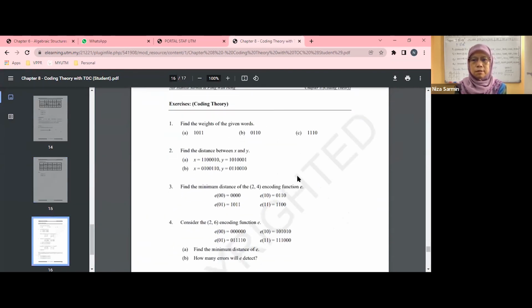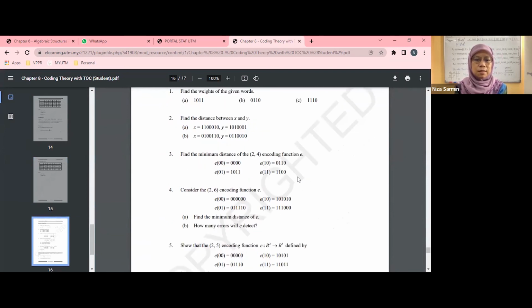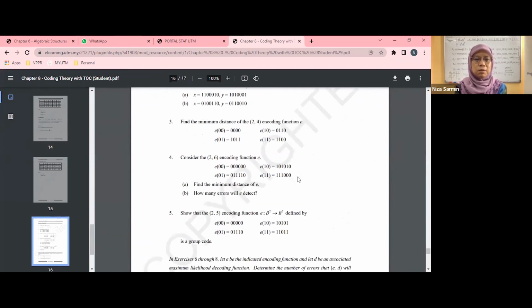Okay, find the weight. Easy, just look at 1A, 3, 2, 3. Like that. Number 2, you have to find the distance, so you have to add, right? And then find the weight. Number 3, like we did yesterday, find the minimum distance. And next, number 4, find the minimum distance and use the error, right?